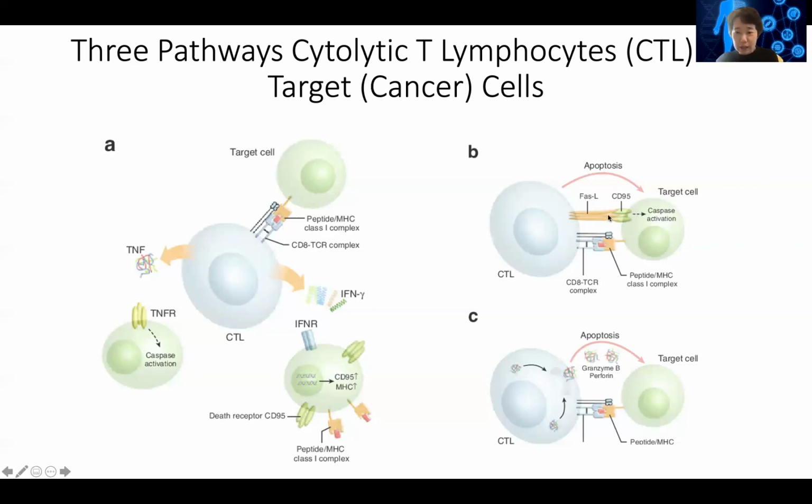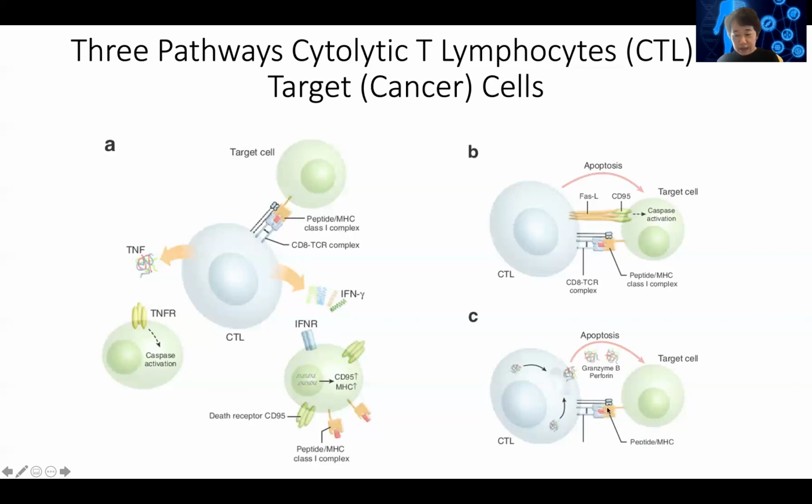And once these two interact, this will also activate the downstream caspase pathway to have the target cell die. And so remember, when the T cells secrete interferon, it's going to activate the CD95, which is the receptor. And when the T cells express the ligand to interact with this receptor, again, the cancer cell will be induced to die.